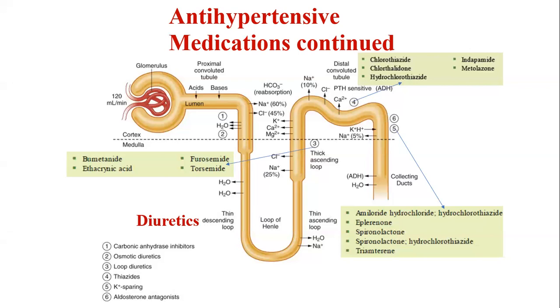Another medication class, number 1 here, is the carbonic anhydrase inhibitor. An example is acetazolamide. It works on the proximal convoluted tubule, this area. It blocks carbonic anhydrase in the proximal tubules and is not used much as a diuretic. It is better for open angle glaucoma.